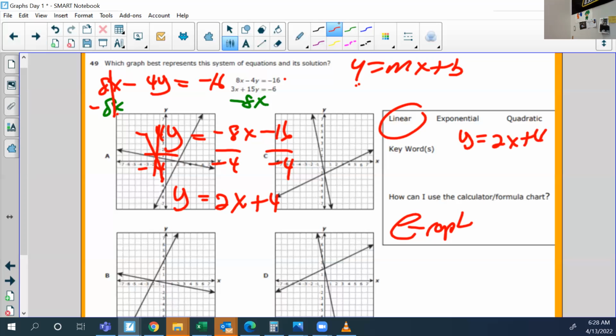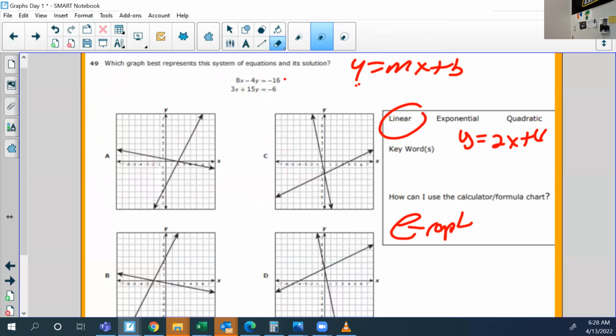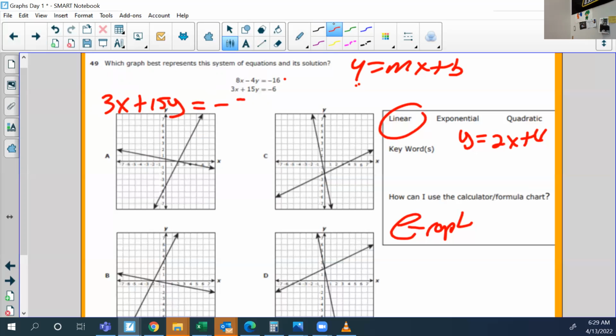I'm going to erase this and get some more space. The other one is 3x plus 15y is equal to minus 6. Hopefully you know how to do this one from the first one I did. If you need to, pause it and try.